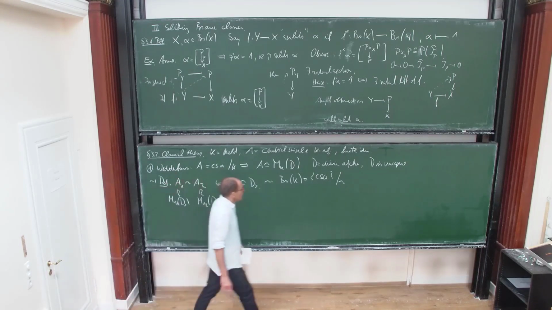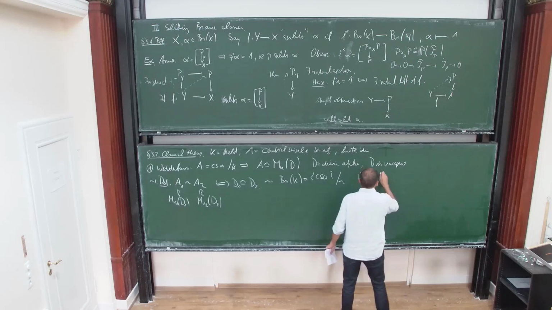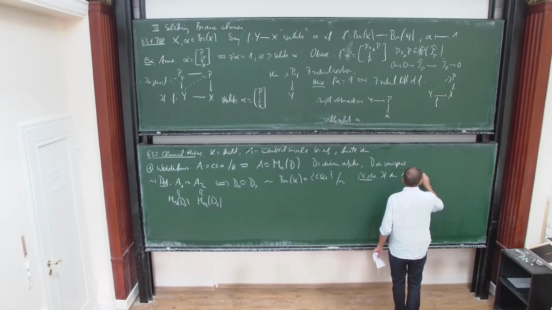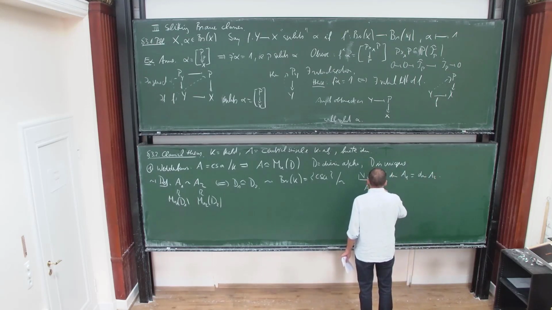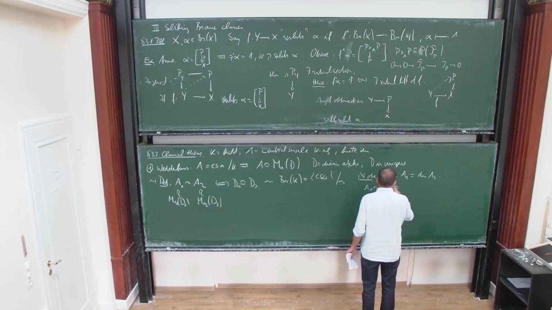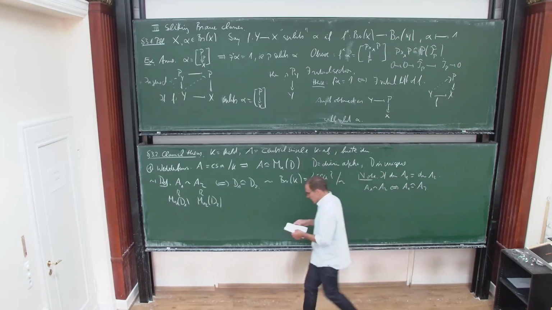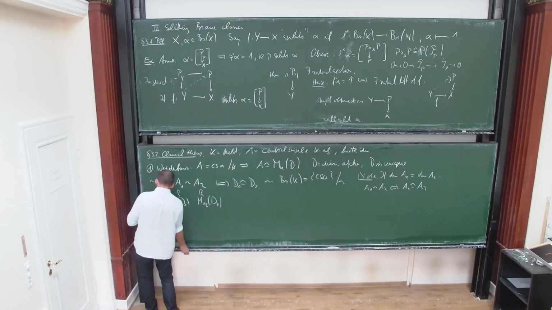Also note that if you have two central simple algebras, A1, A2 of the same dimension, then A1 is equivalent to A2 if and only if A1 is isomorphic to A2. And I'll come back to this in the geometric setting. So that's the first result.